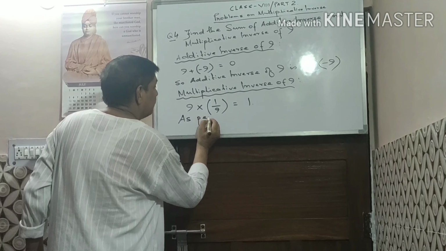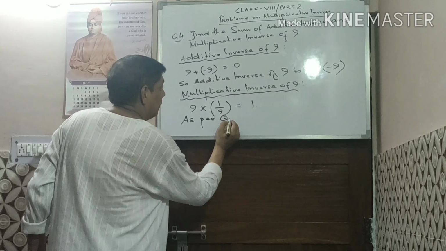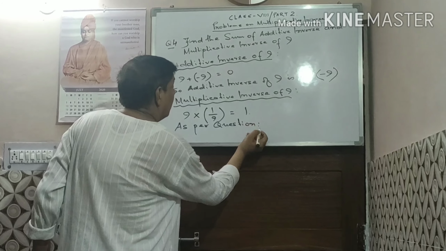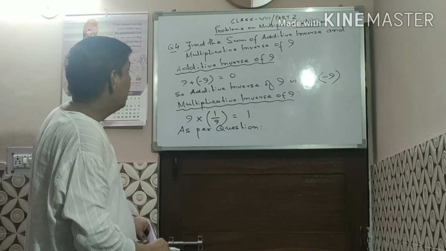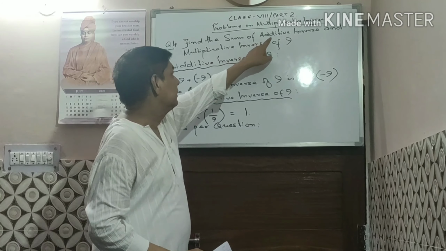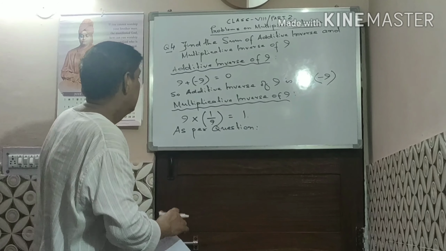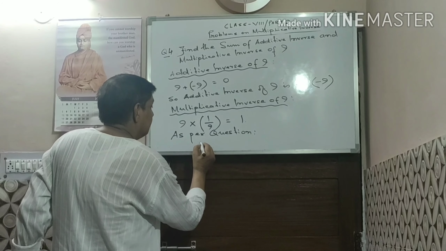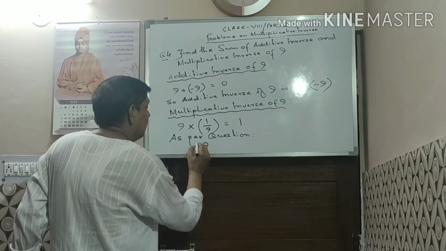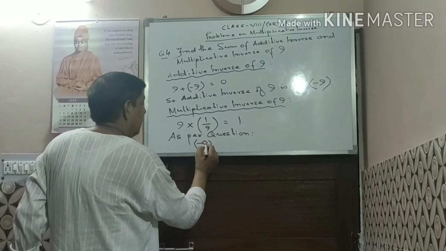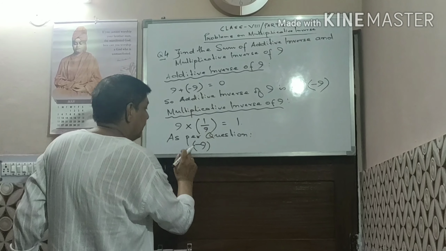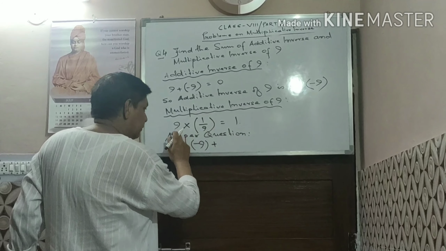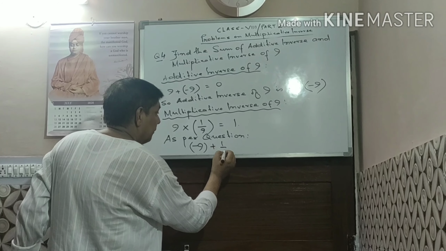As per the question, we have been asked for the sum of these two things. The additive inverse of 9 is minus 9, plus the multiplicative inverse of 9 is 1 by 9.